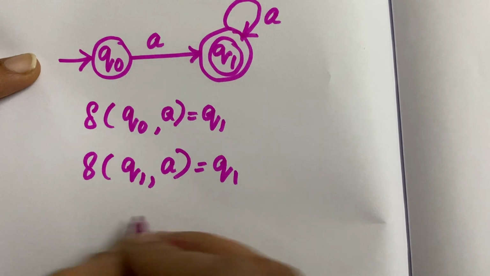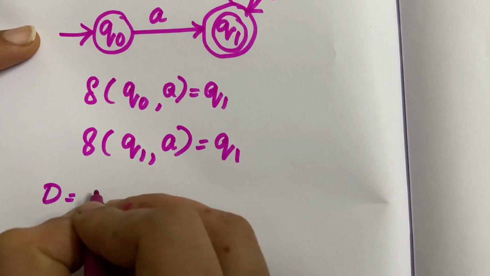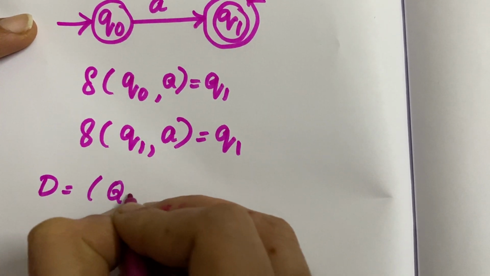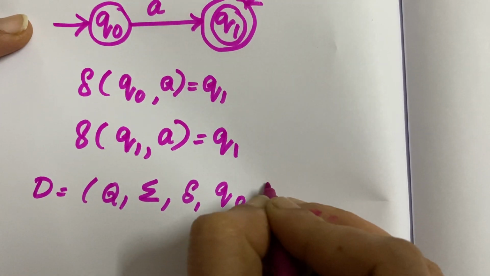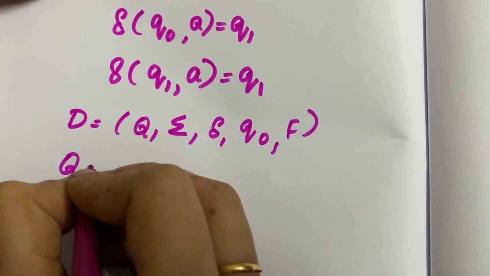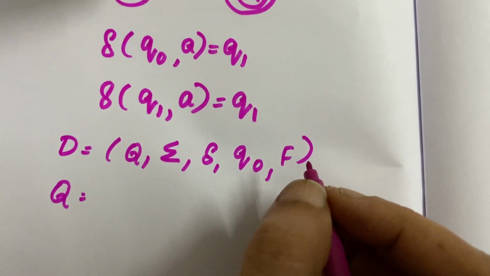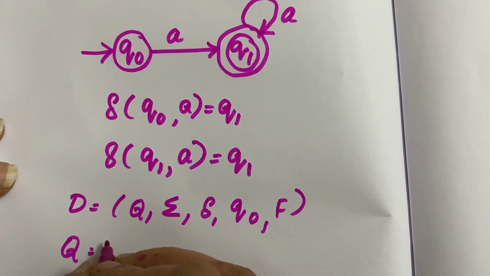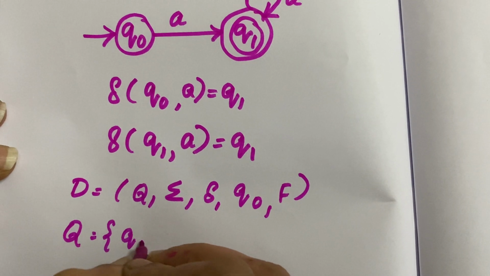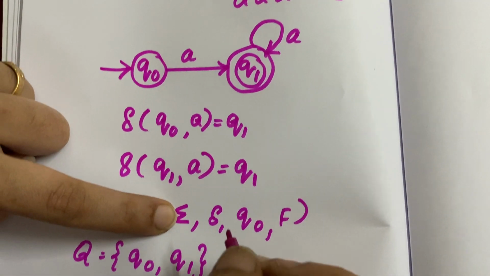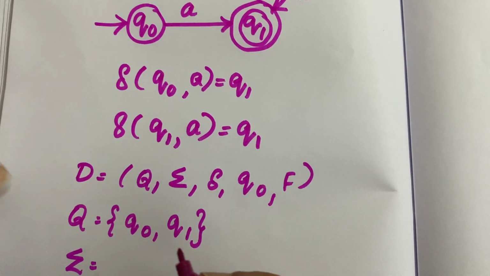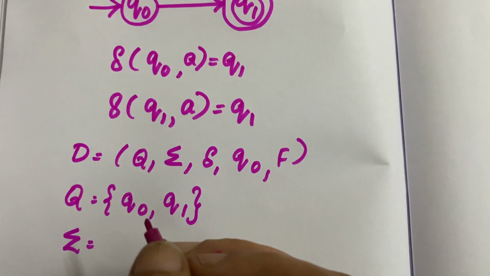Now we just have to write the 5 tuples: Q, sigma, delta, Q0 and F. Here Q is the set of 2 states involved, that is Q0 and Q1. Sigma is the input symbols. How many input symbols have we been given?